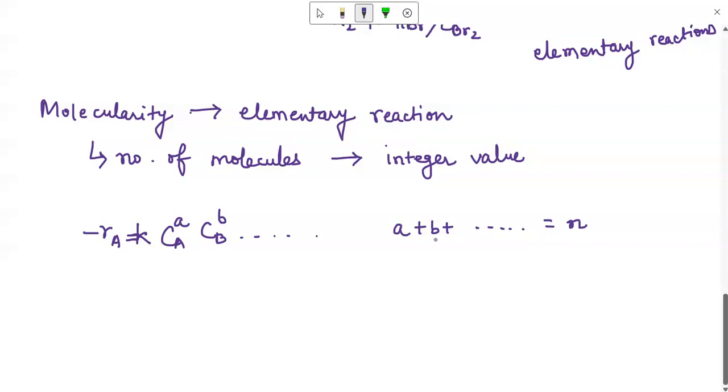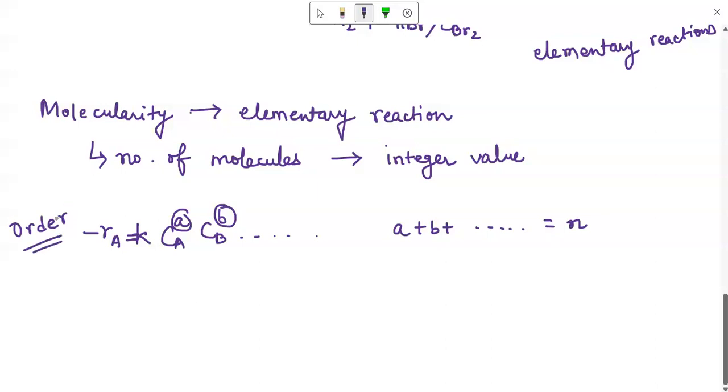These a and b, these coefficients, may not be necessarily related to the stoichiometric coefficients of your actual reaction. So we call these powers to which the concentrations are raised the order of the reactions. This is a very important concept.